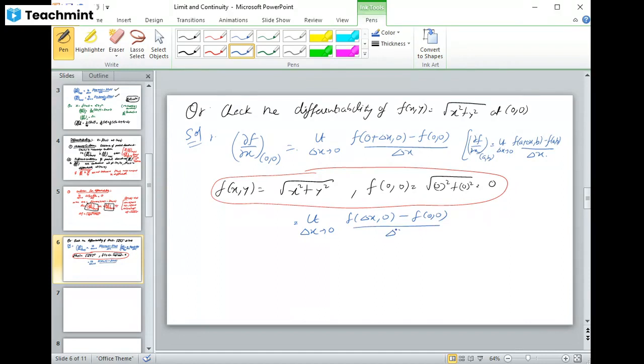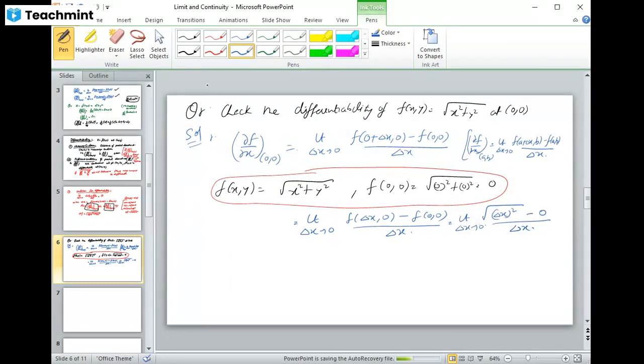But f of (0, 0) is already 0. And what is f of (delta x, 0)? It means I replace x with delta x and y with 0. So this is equal to the limit as delta x tends to 0 of the square root of delta x square minus 0, upon delta x.